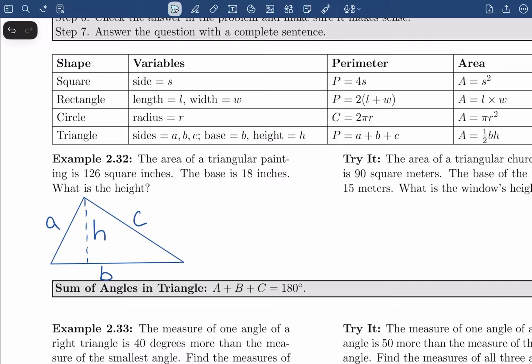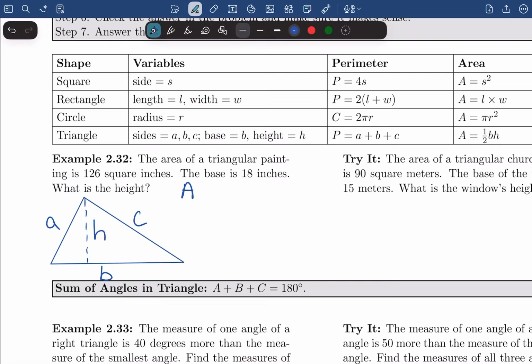So let's address what we know. Okay, we know the area is 126, right? So we know the area is 126, and we know what the base is. It's 18 inches. What is the height?